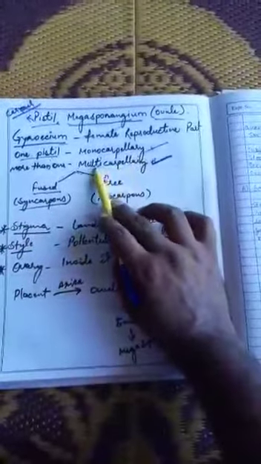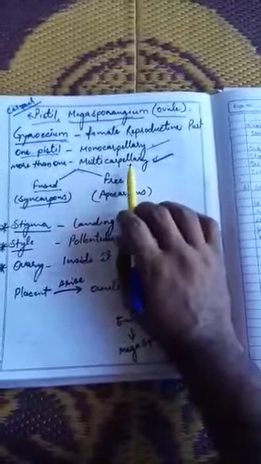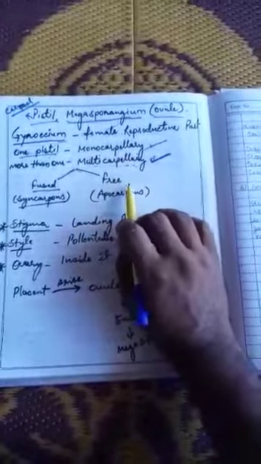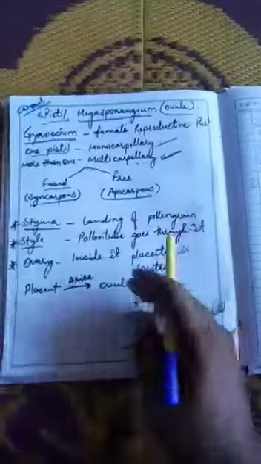And if the flower is multicarpellary, that means it has more than one pistil and all the pistils are free, then that flower is known as an apocarpous flower. So there are two kinds of flowers, syncarpous and apocarpous.